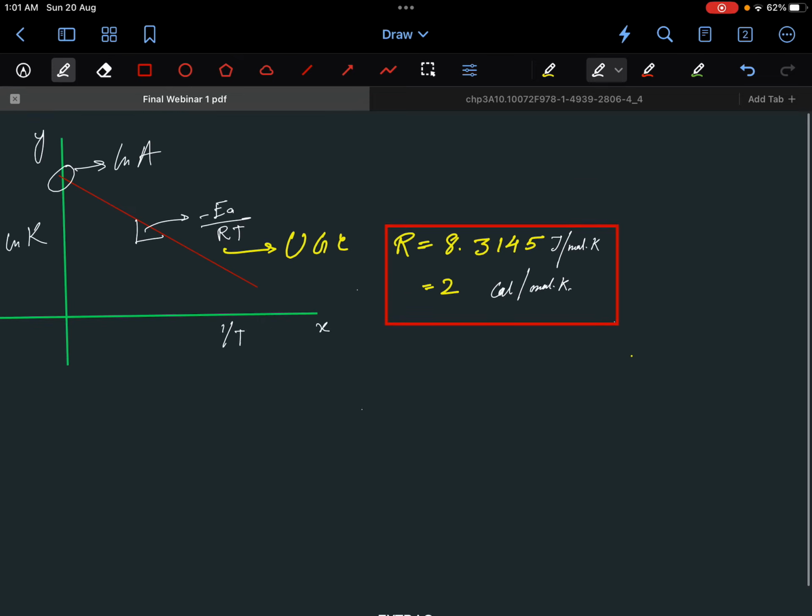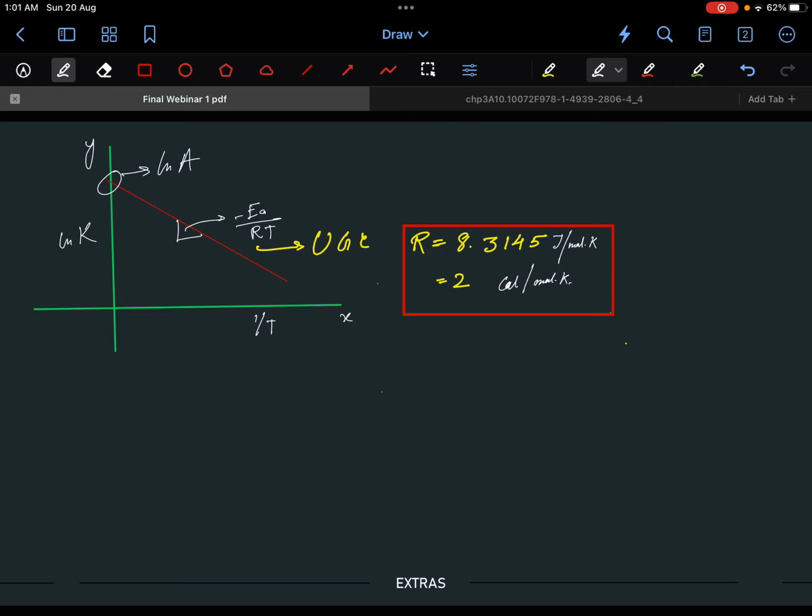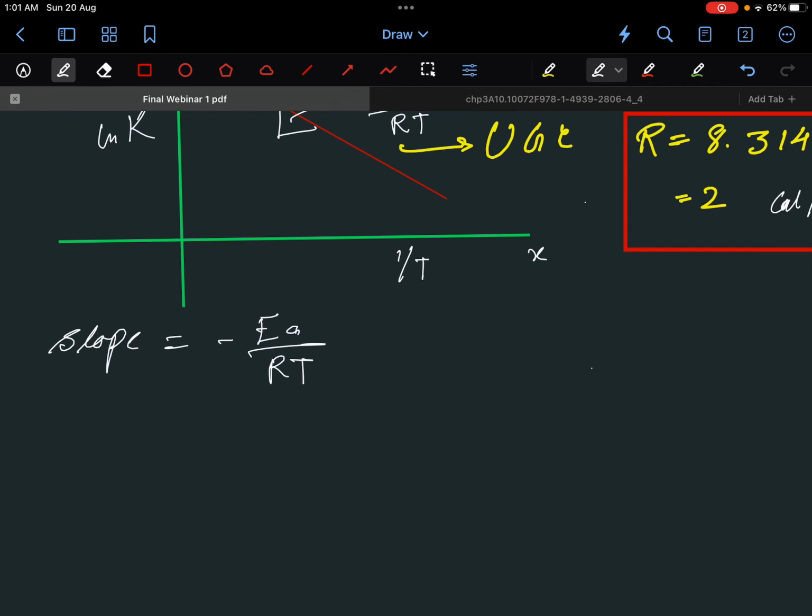Okay, fine. So from this equation I can say that slope is equal to minus Ea by RT, right? And what is the slope of any straight line? We know that the slope is y2 minus y1 by x2 minus x1.